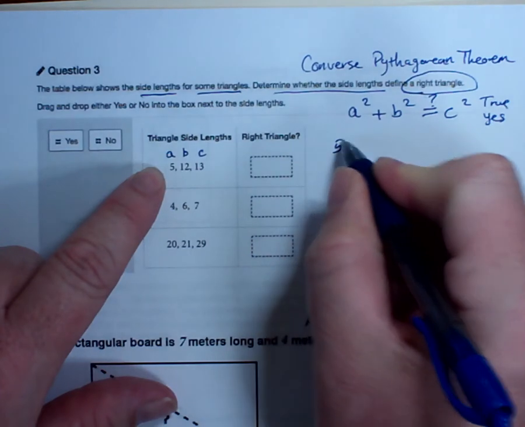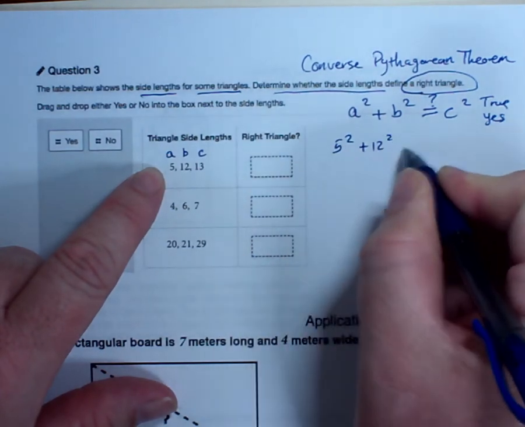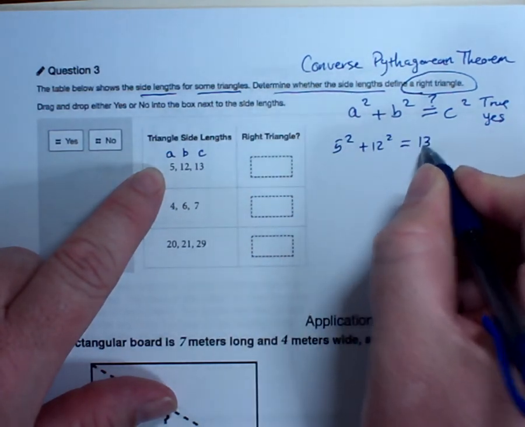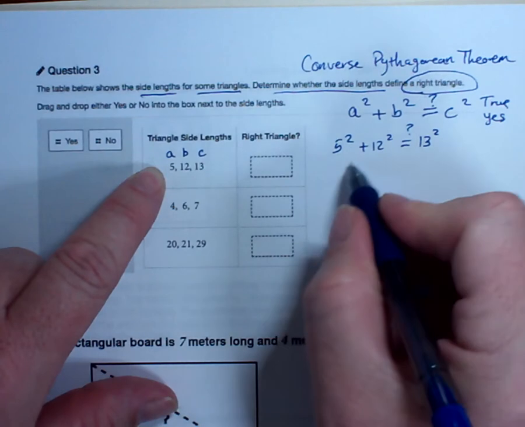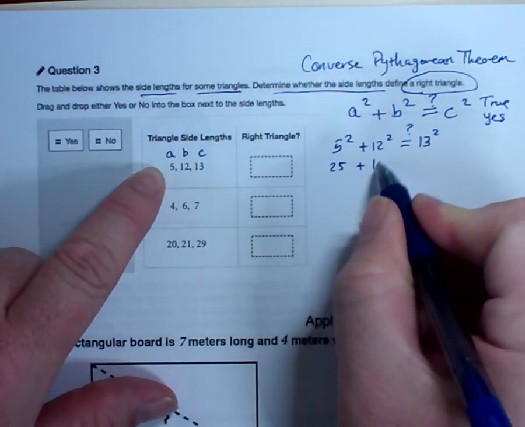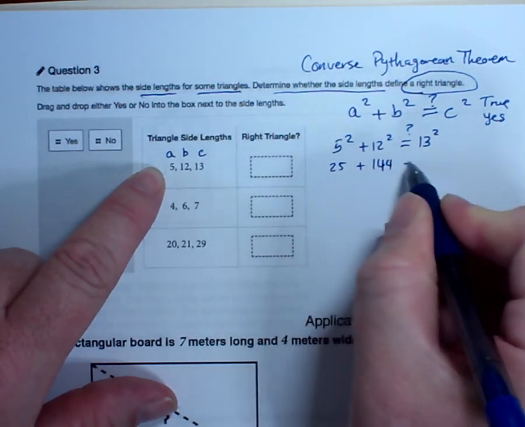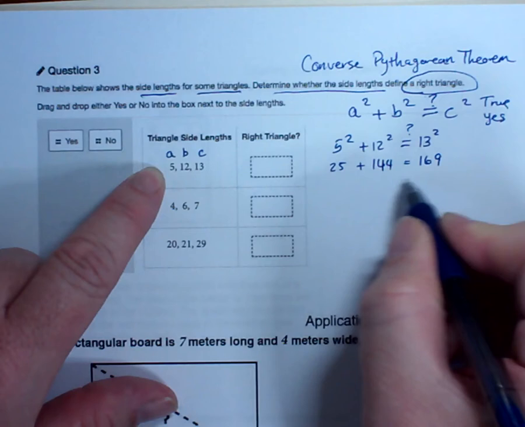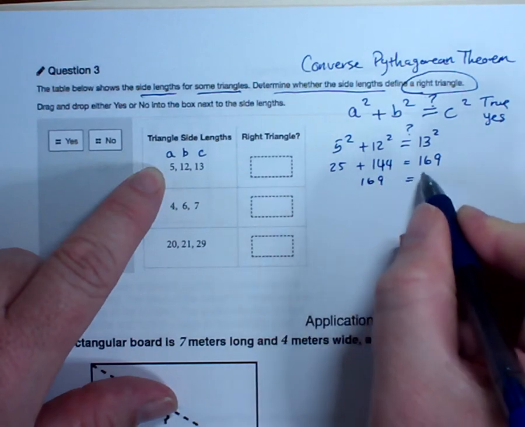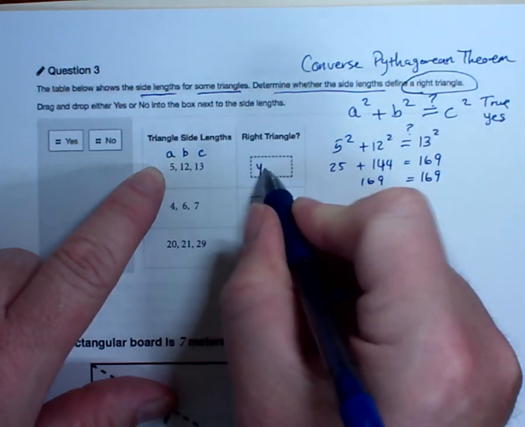Let's do 5 squared plus 12 squared. Does that equal 13 squared? 25 plus 144 equals 169. 169 equals 169. Yes.